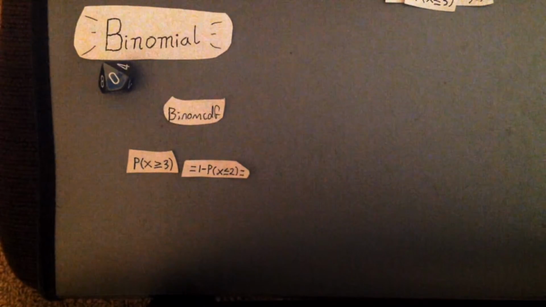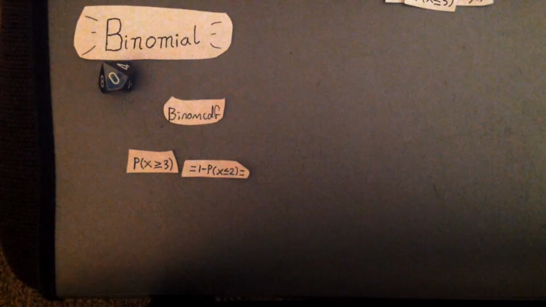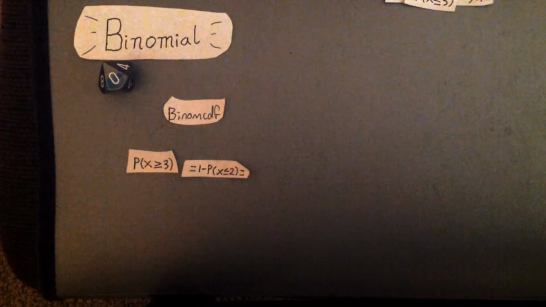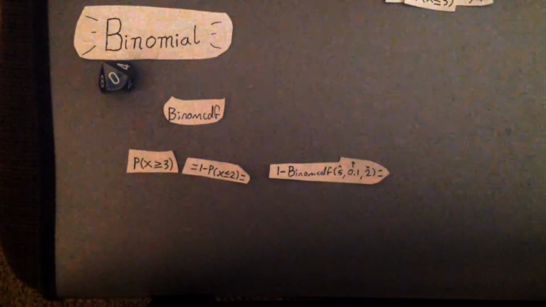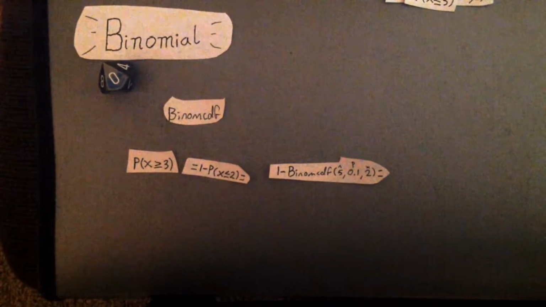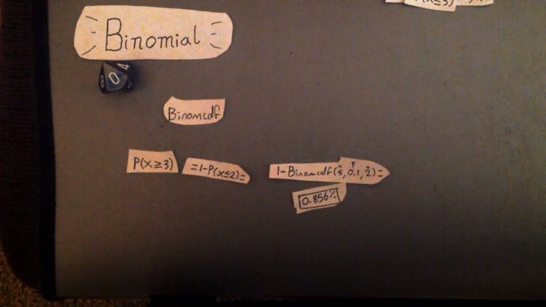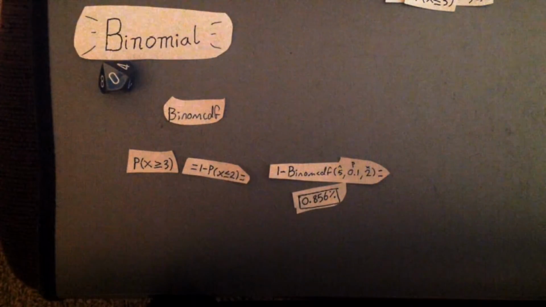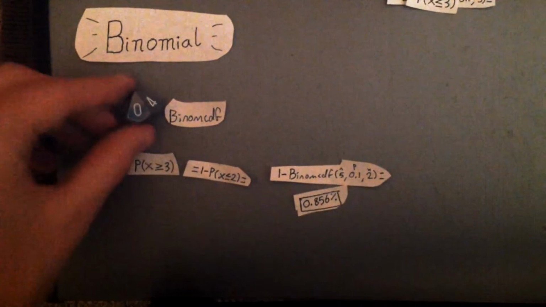So we need to find 1 minus its opposite, which is at most 2 instead of at least 3. We plug this into our calculator, we find that we have 2 replacing 3 where the x would normally go. And that totals out to 0.856%, which is less than 1% chance of getting at least 3 successes when you roll this die 5 times.